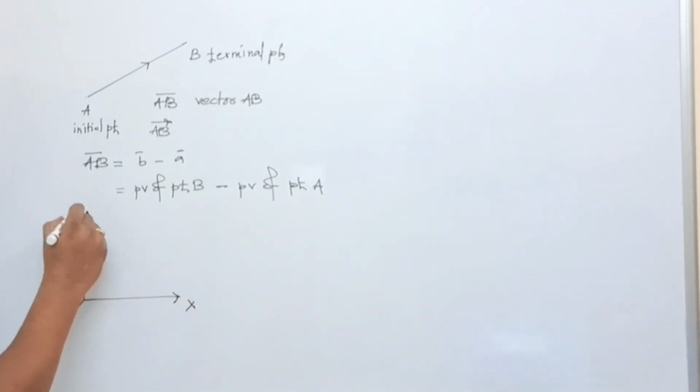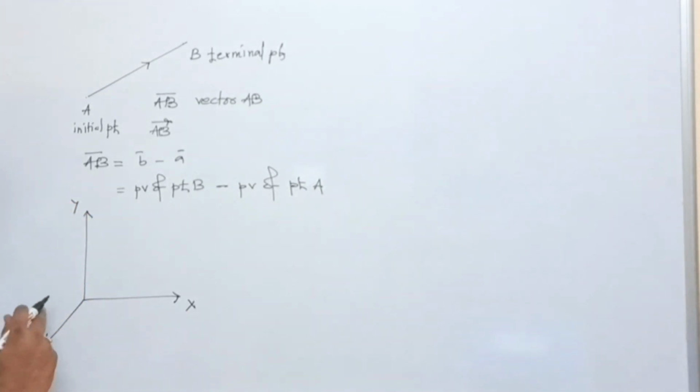In a space, we deal with the x-axis, y-axis, z-axis. O is a fixed point, reference point, origin.